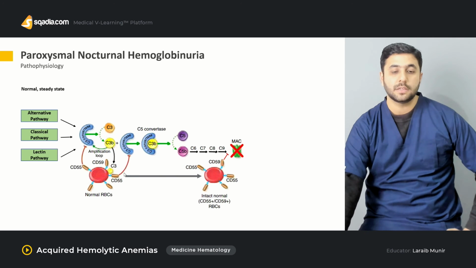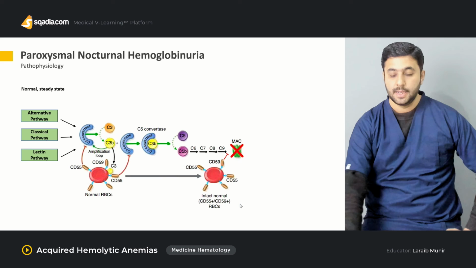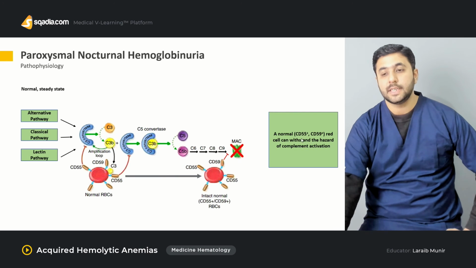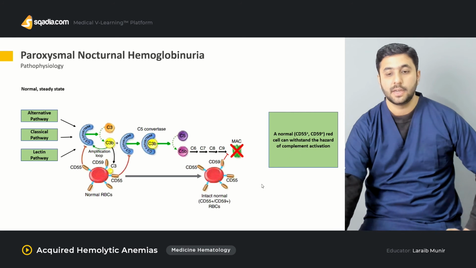But because of the presence of these protective molecules on the surface of the RBCs, these CD55 and CD59 stop the MAC or the other types of complement from attacking the RBCs. And a normal CD55-positive and CD59-positive RBC can withstand the hazard of complement activation. So the RBCs are being protected from destruction.